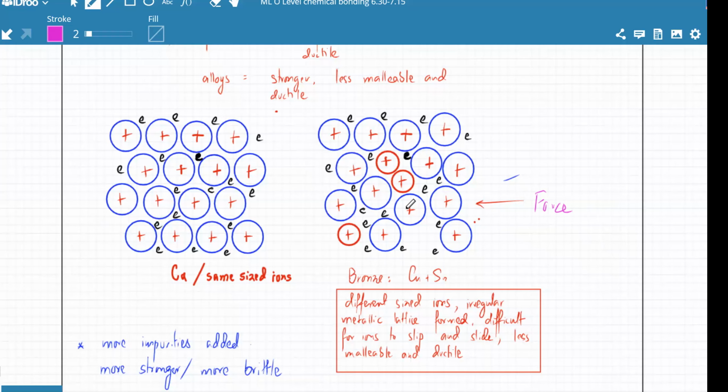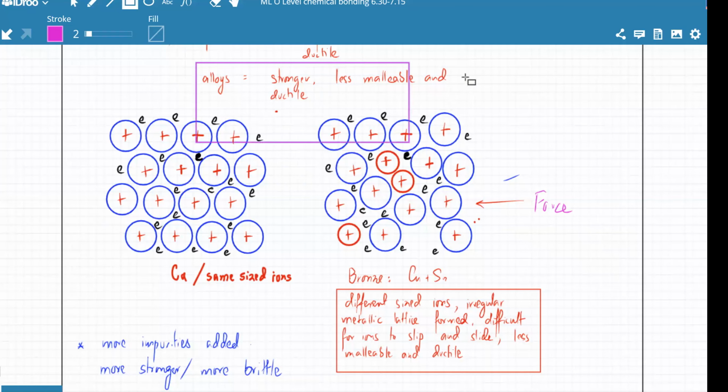Is that clear? Yes, sir. One major difference is written here: alloys are stronger and less malleable and ductile. You can't easily reshape them, which is why you make everything out of alloys, because they're really strong. Pure metals are really soft. And I'm just going to highlight this again.